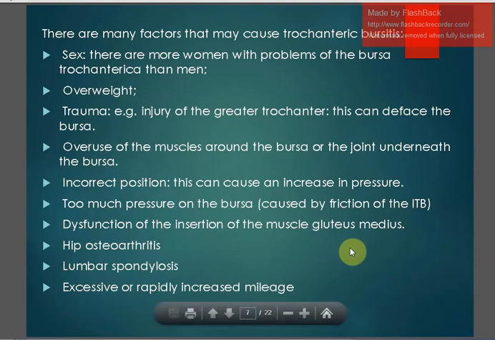Too much pressure on the bursa caused by friction of the ITB, tight structures, dysfunction of the insertion of gluteus medius muscle, hip osteoarthritis, and lumbar spondylosis because of biomechanical alterations and other structures becoming tight, or excessive or relatively increased mileage.